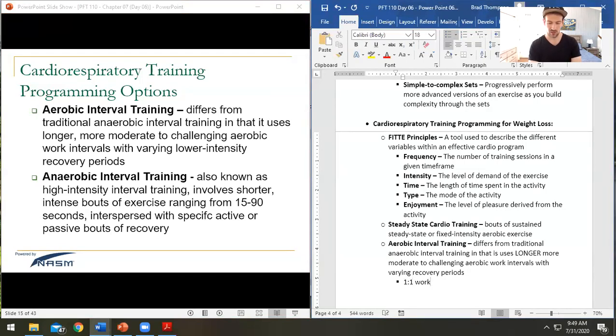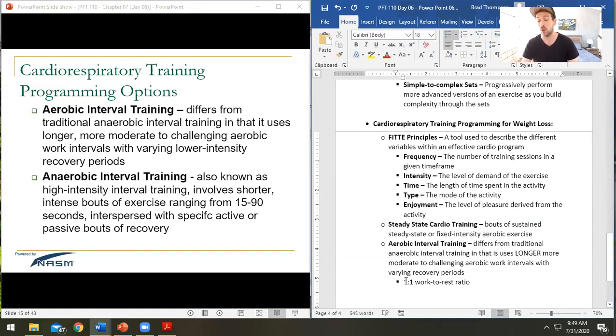1-to-1 work to rest ratio. What's nice about this is you get the benefits of interval training, which is intellectually stimulating, it keeps the workout fresh, while also varying your intensity enough to feel like you can push yourself.